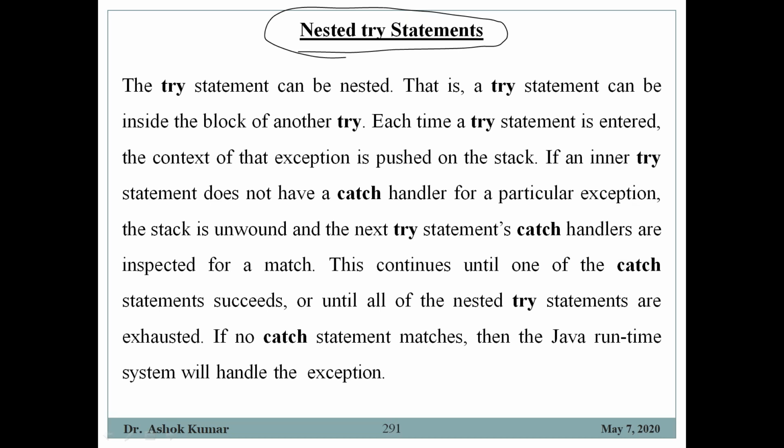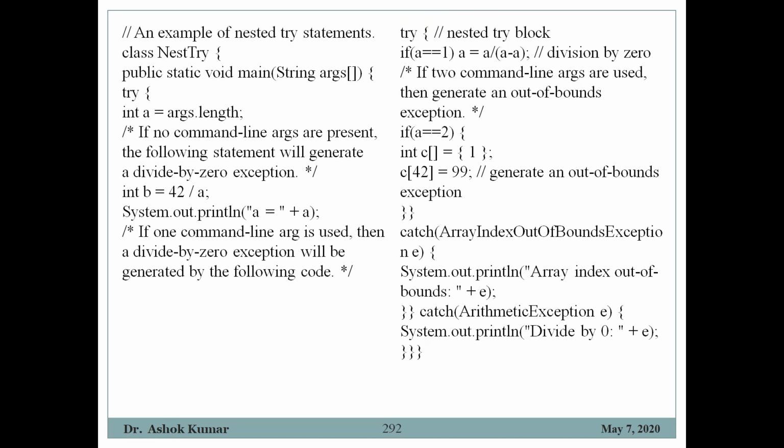So here is the first example on the nested try block. In this case, we have one class named nesttry. In the nesttry, we have one main method.